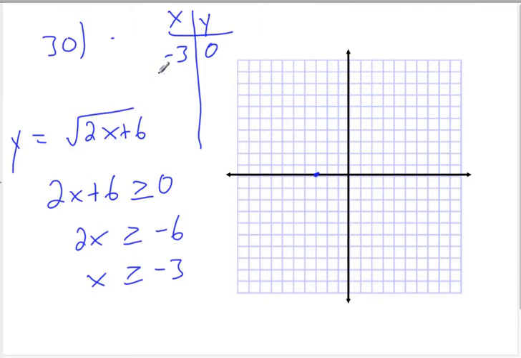I could just set it equal to that, or I could just ballpark some stuff here. So let's try 0. If x is 0, then we get square root of 6. Well, square root of 6 is more than 2, but less than 3, so maybe 2 point something, which won't really show up in the graph anyway, so we could just say kind of like here.